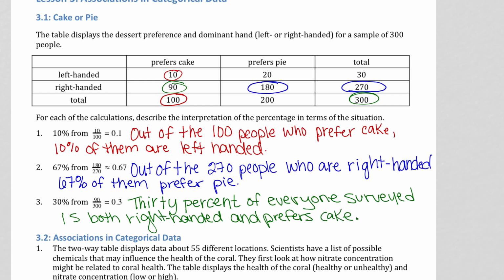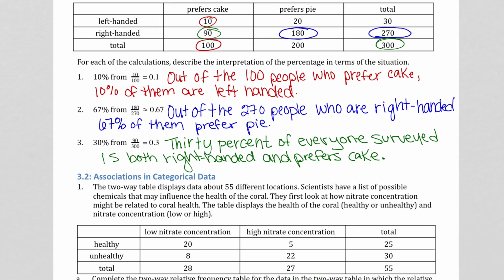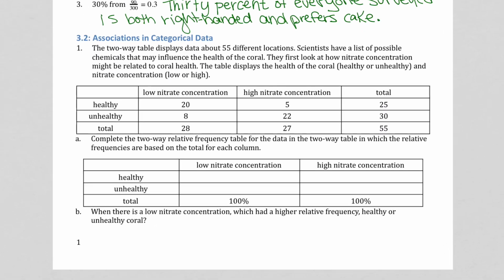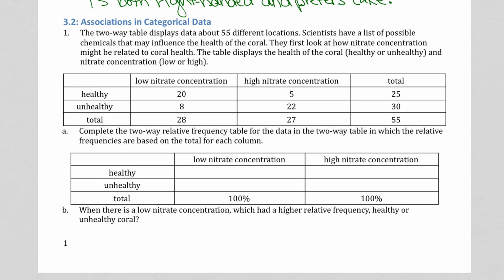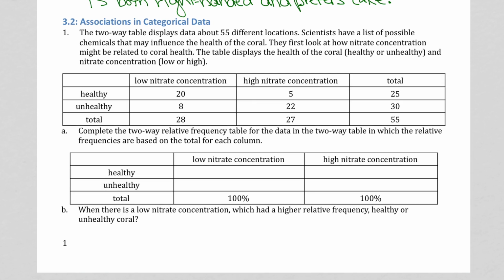All right, so let's go down to 3.2, associations in categorical data. The two-way table displays data about 55 different locations. Scientists have a list of possible chemicals that may influence the health of the coral. They first look at how nitrate concentration might be related to coral health.